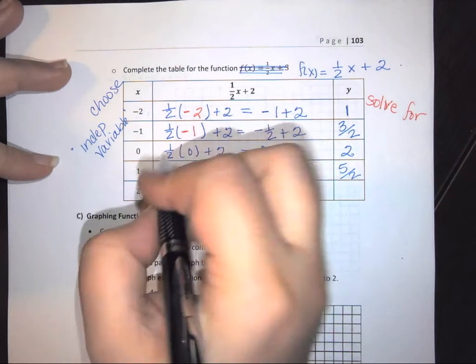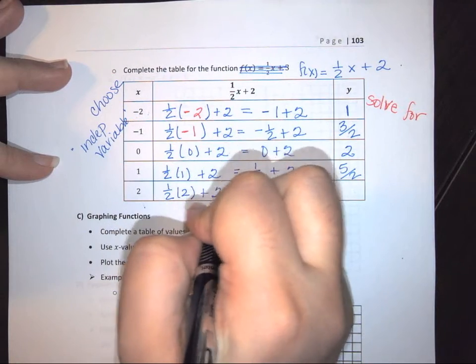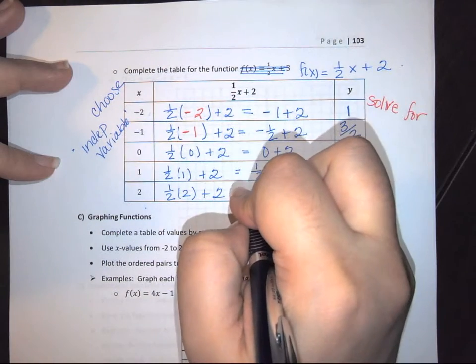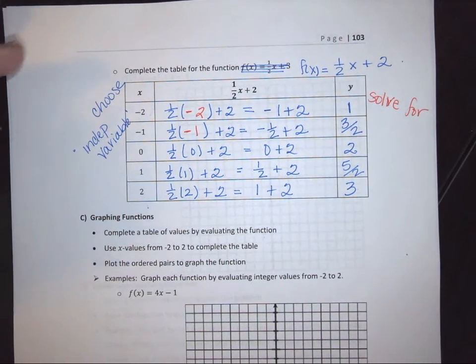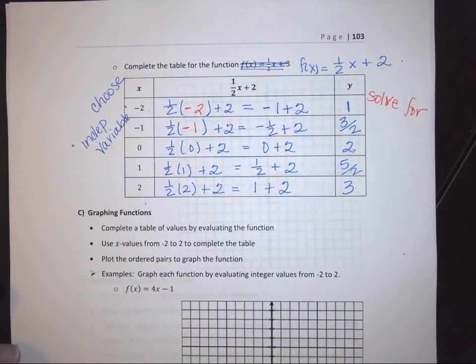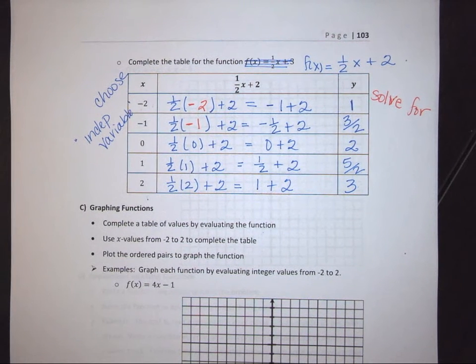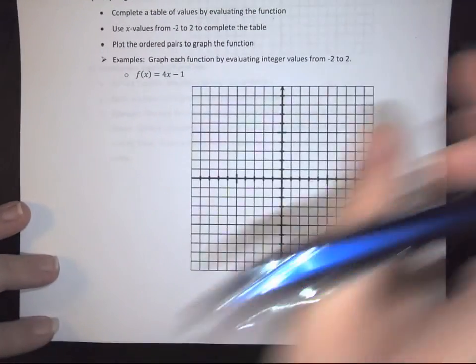And then I have 1/2 times 2 plus 2. 1/2 times 2 gives me 1 plus 2, which gives me 3. And thus, you have completely filled in your table, which at this point is all that we were asked to do. Now, like I said, that leads us into being able to graph.